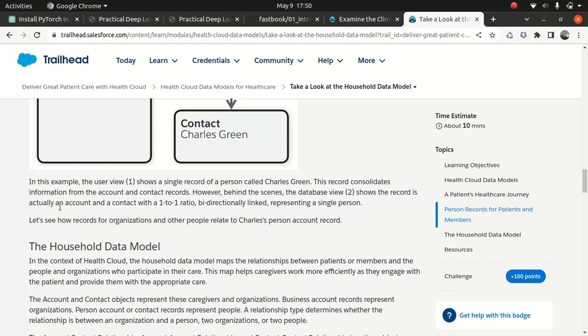So now he meets a physician. Let's take an example of a kidney problem. So Charles Green struggles with a kidney problem, and he visits a hospital because of the intense pain.